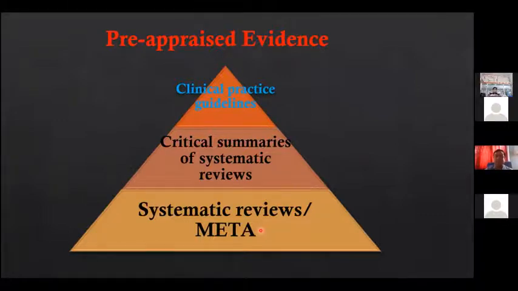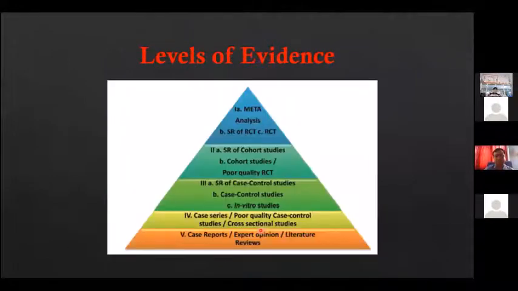They have given very exact guidelines on what you should do if the temperature rises beyond a certain point, if the oxygen saturation reduces below a certain level, or if the patient has comorbidity, and what the protocol is. So these clinical practice guidelines make the implementation of the available literature much easier for the practitioners. So these are the pre-appraised evidences.